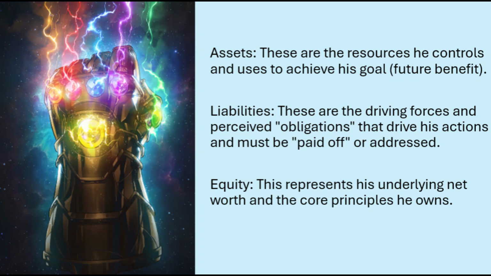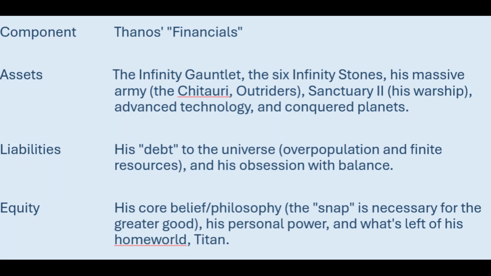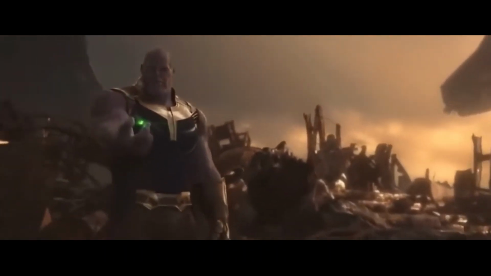When it comes to liabilities, we have his debt to the universe as far as overpopulation and finite resources. Remember, that's pretty much his belief going forward, that he has a mission to fix the fact that there's overpopulation and the fact that there are finite resources.